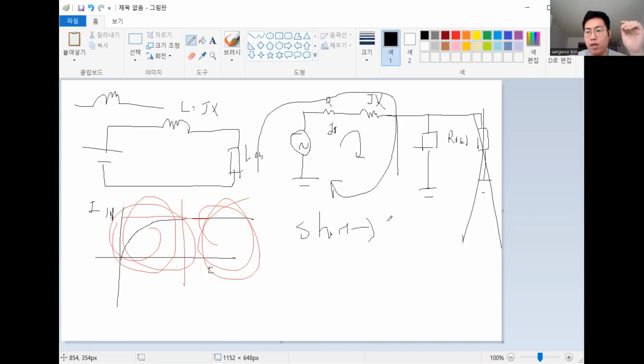But in an RL circuit, even when we switch it on and off, the same situation happens. The asymmetrical waveforms happen because of the inductor. It's the same concept: it happens when a fault current occurs, or whenever we switch on and off. So I'll explain more about it.